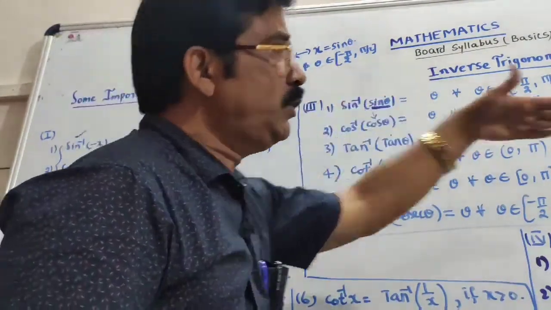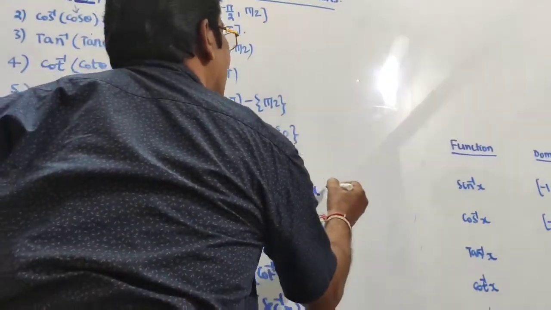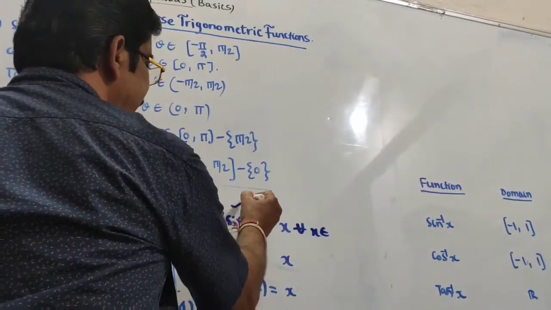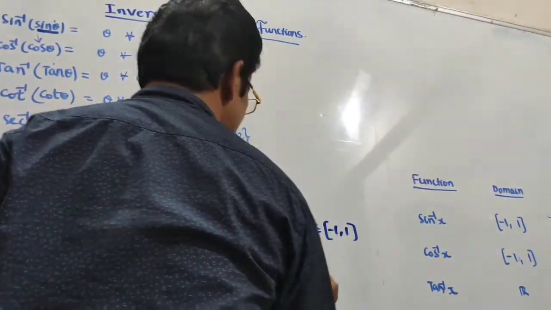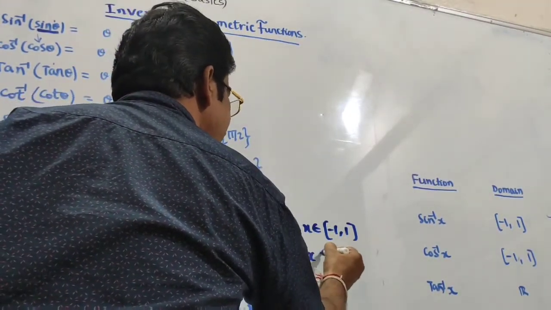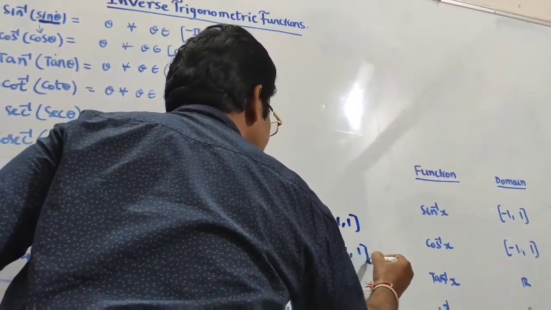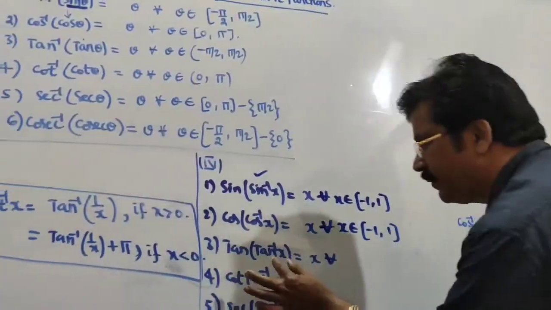You come here. So for sine inverse, this is true for all x belongs to what? What is the domain of sine inverse x? Closed interval of minus 1 comma 1. What is the domain of cos inverse x? Same, closed interval of minus 1 comma 1. What is the domain of tan inverse x?